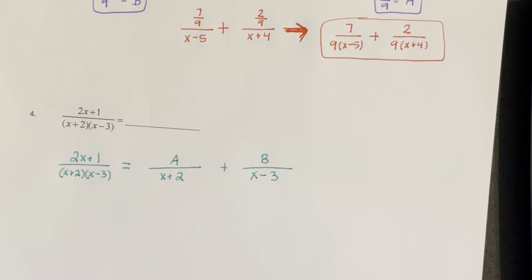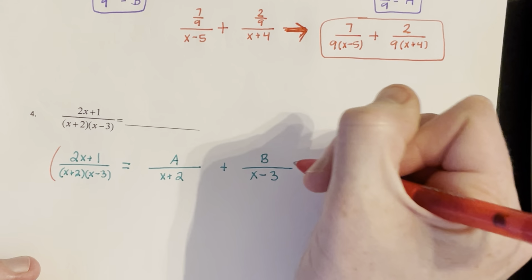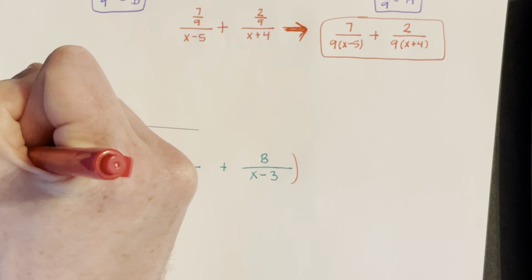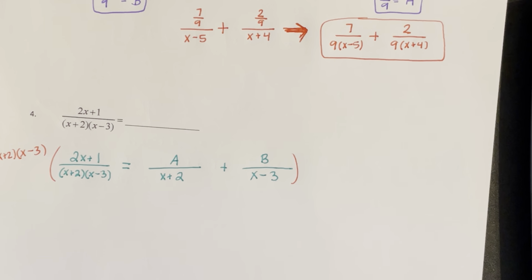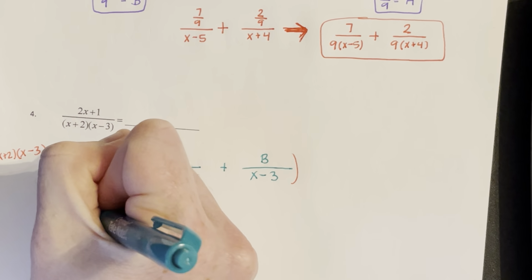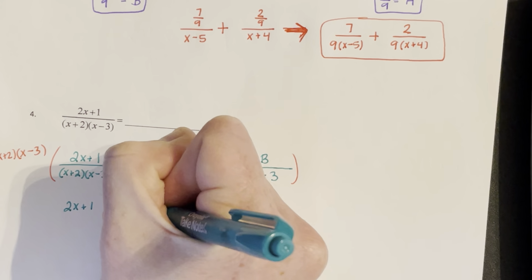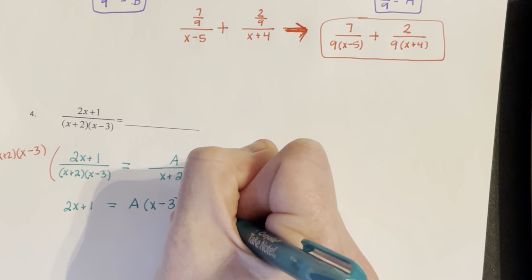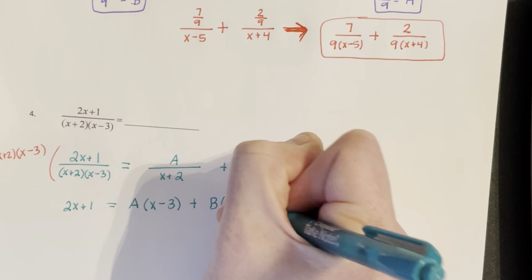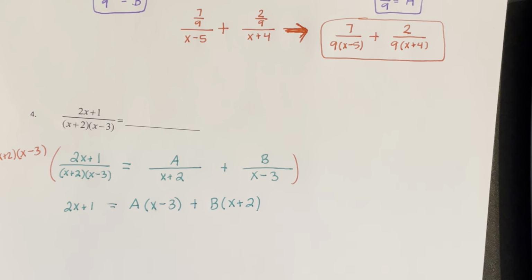If I multiply by that common denominator, it would be x plus 2 times x minus 3. Leaves us with just 2x plus 1 equal to a times x minus 3 plus b times x plus 2. And now we have our critical value part.